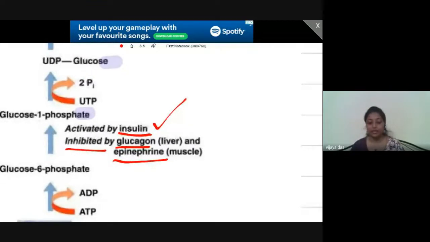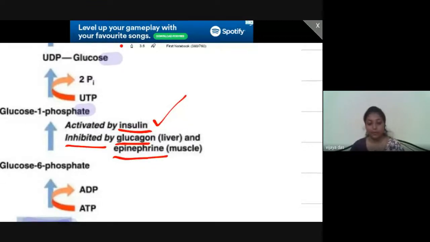So the epinephrine, like we were talking about, is an emergency hormone, right? Say, for example, you are in danger and you have to run. While running, you need more energy, so you need more glucose. How do you get the glucose? By breaking down the glycogen.